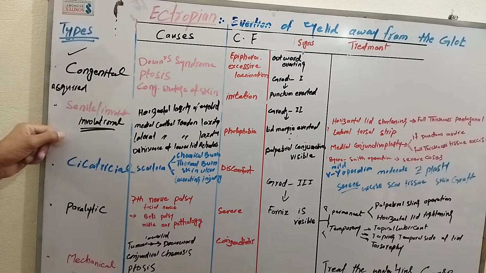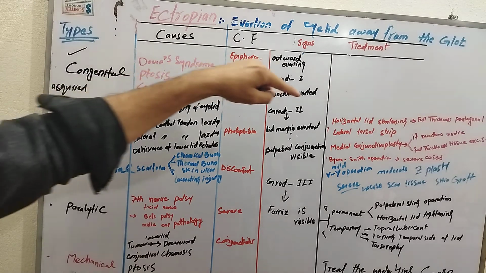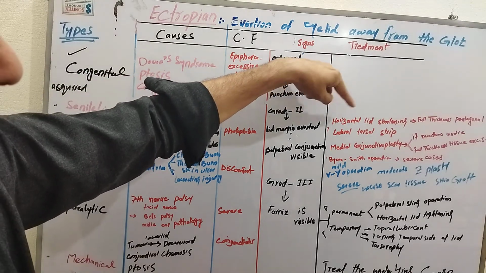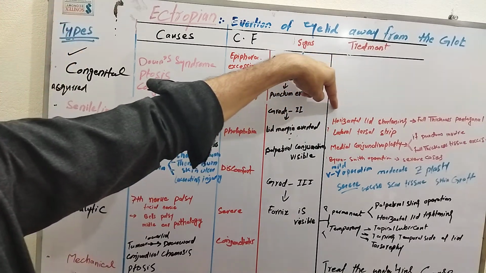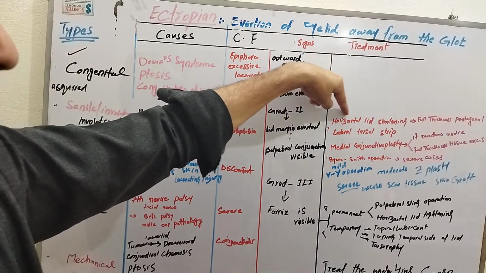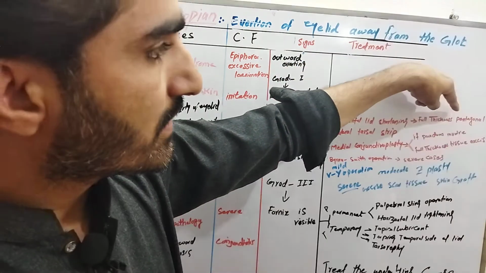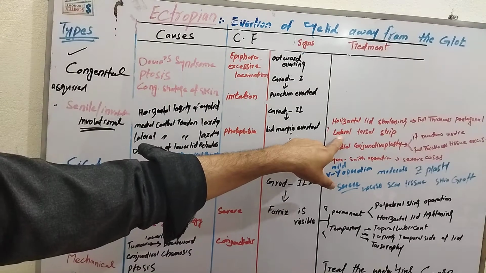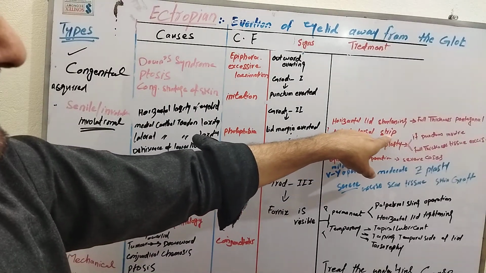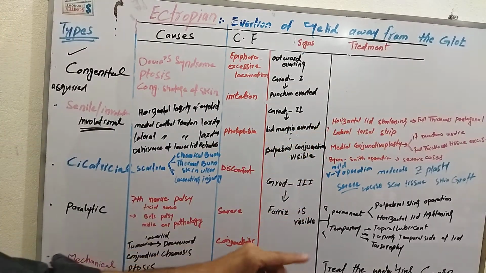First of all, we are going to explain the treatment of senile ectropion. Here the treatment is horizontal lid shortening. We will shorten the horizontal lid by full thickness pentagonal excision. Second one is lateral tarsal strap.